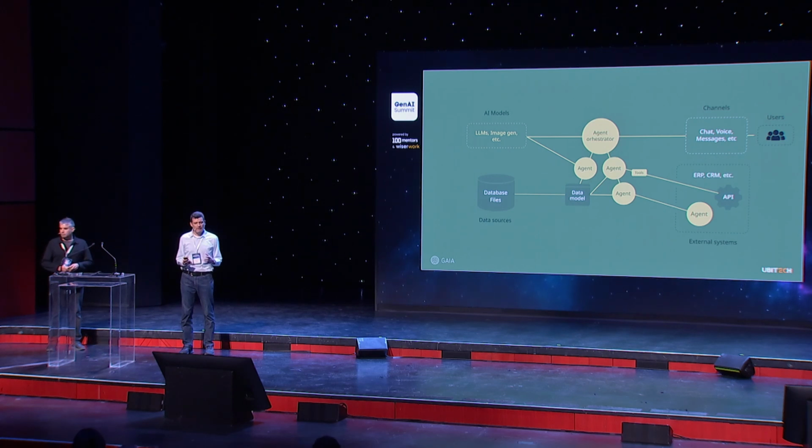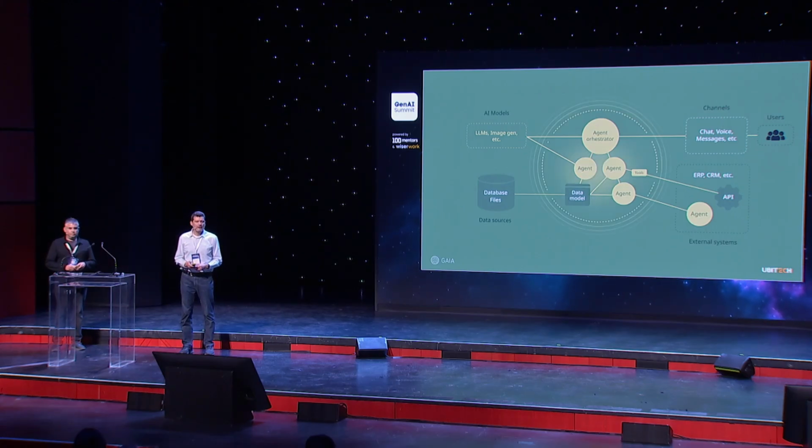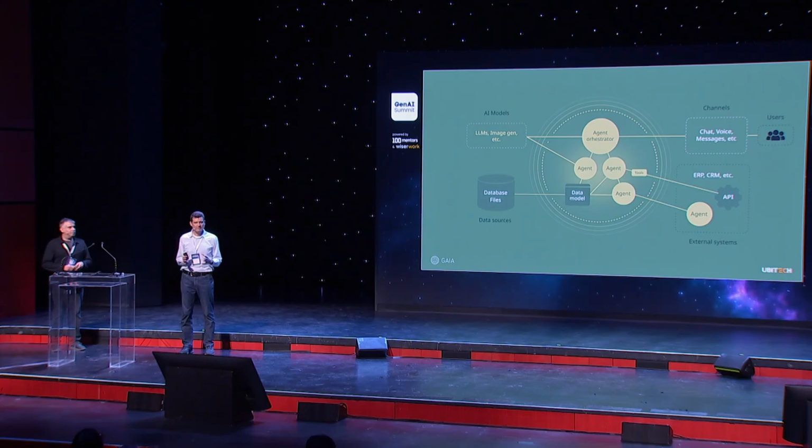Now, in order for this system to operate smoothly and deliver to the end users the experience we're expecting to deliver, we need something to keep everything together. This something is an environment for the agents to work on, to operate in.